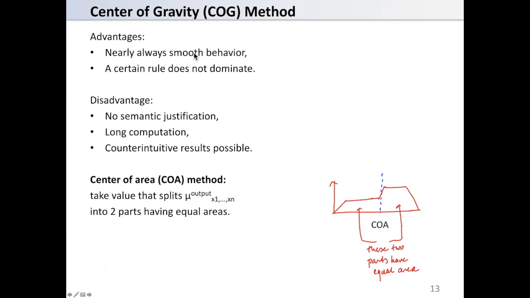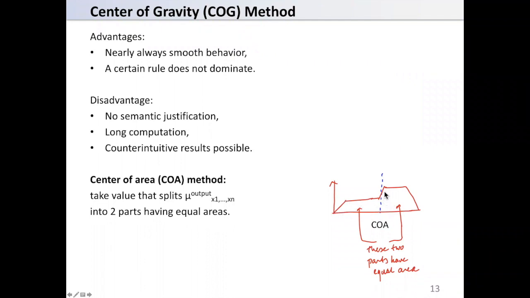Instead of center of gravity, the center of area method may be used. In that case, we take a value such that it splits the membership output into two parts having equal areas.